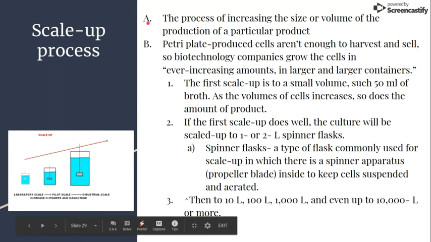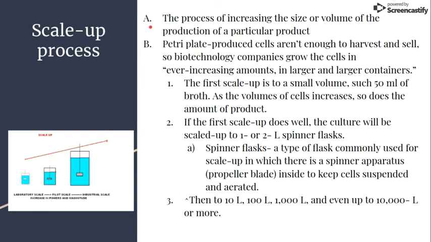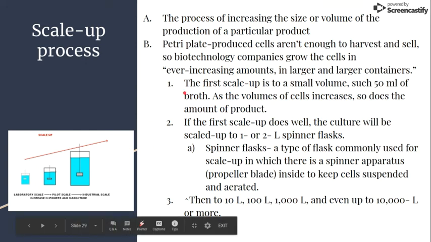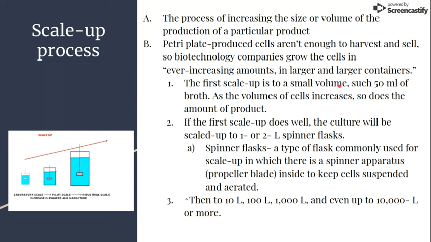The scale-up process: the process of increasing the size or volume of the production of a particular product. Starting from a petri plate, the produced cells aren't enough to harvest and sell, so biotechnology companies grow the cells in ever-increasing amounts in larger and larger containers. The first scale-up is to a small volume such as 50 milliliters of broth.